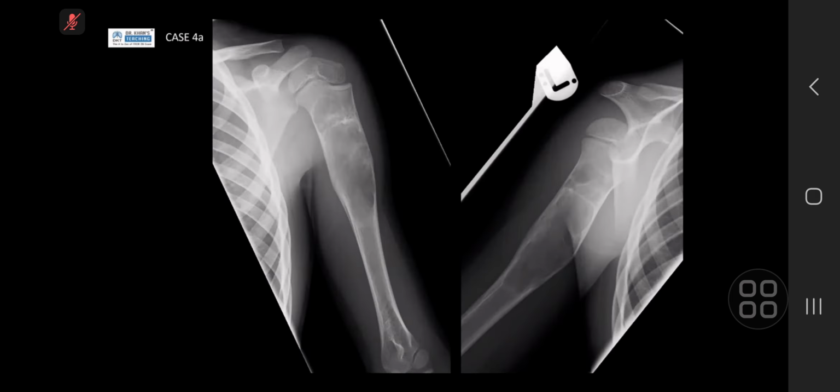Okay, candidate 2. Yeah, so I'm given the frontal and lateral radiograph of the left arm, including the shoulder joint and part of the elbow joint. So I can see a well-defined expansile lytic lesion in the proximal metaphysis of the humerus, which has a few septations within, causing endosteal scalloping and a wide zone of transition.